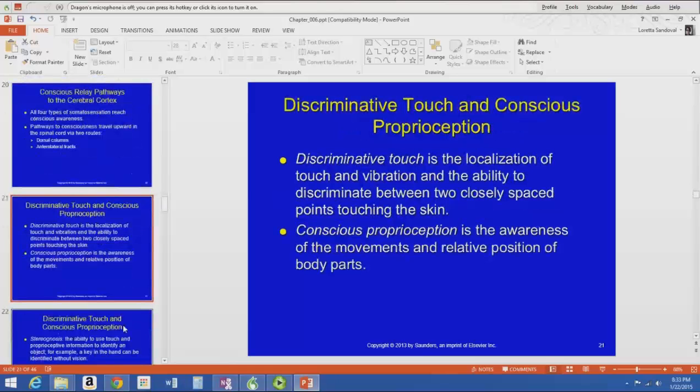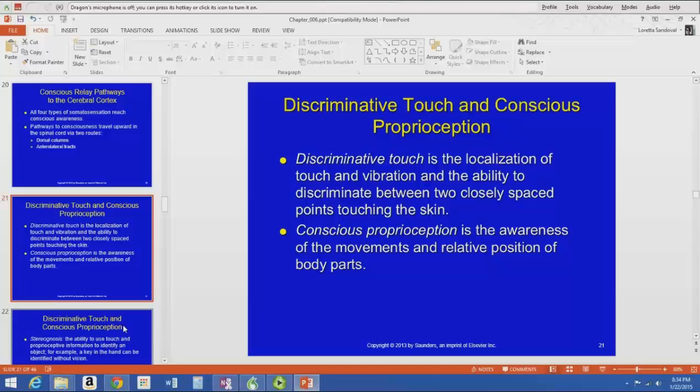So, discriminative touch and conscious proprioception. Discriminative touch is the localization of touch and vibration and the ability to discriminate between 2 closely spaced points touching the skin. That's that 2-point discrimination that we tested in lab last summer. Conscious proprioception is the awareness of the movements and relative position of body parts.